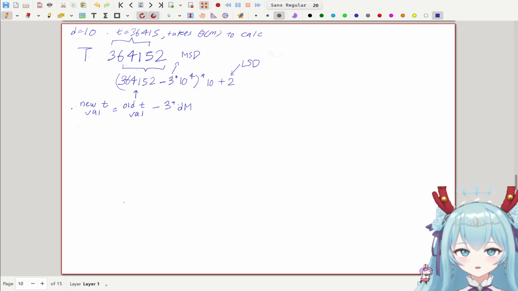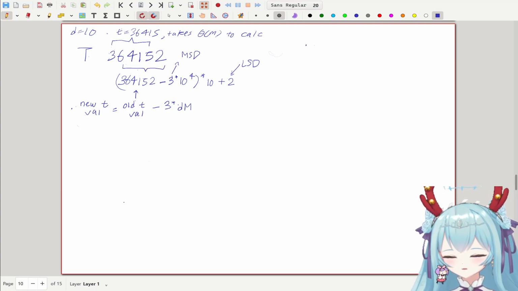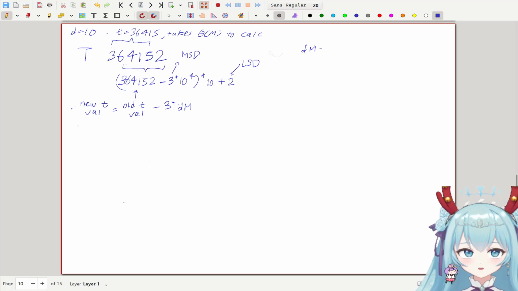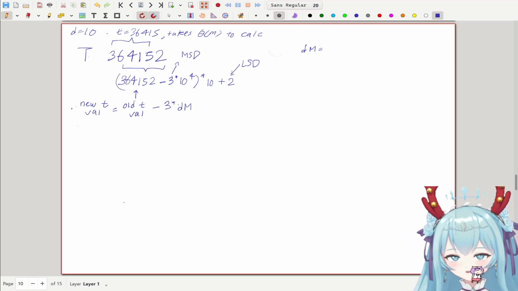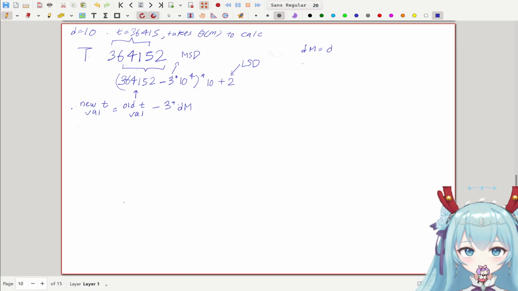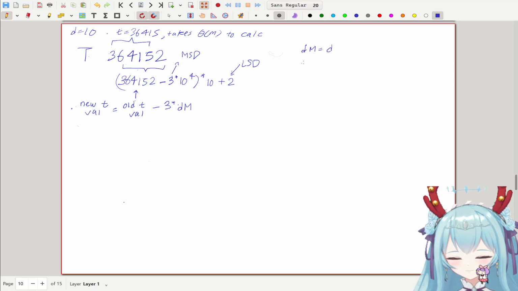Okay, and so what is d of m? So d of n is equal to... We're trying to calculate the highest power that is involved in the multiplication.